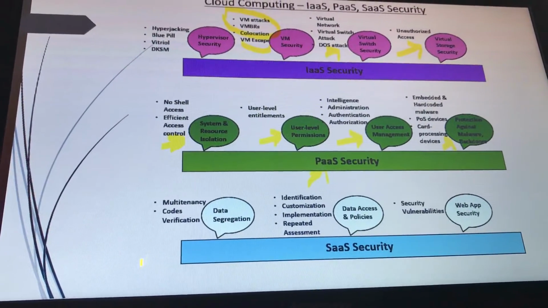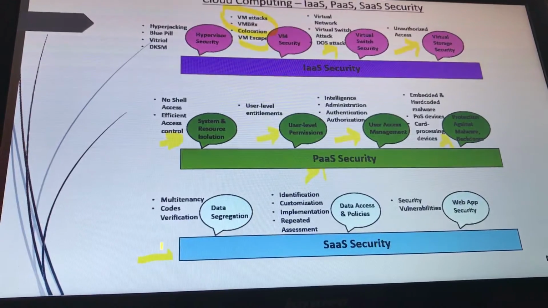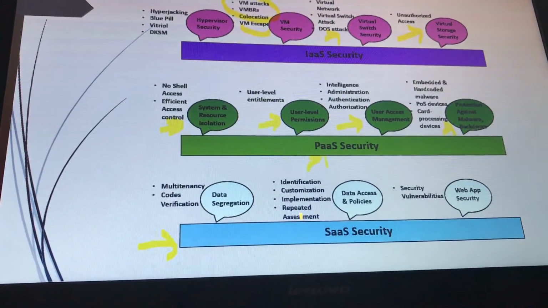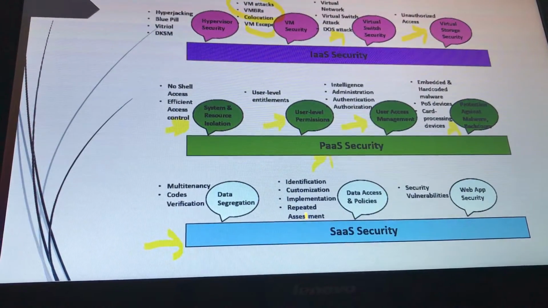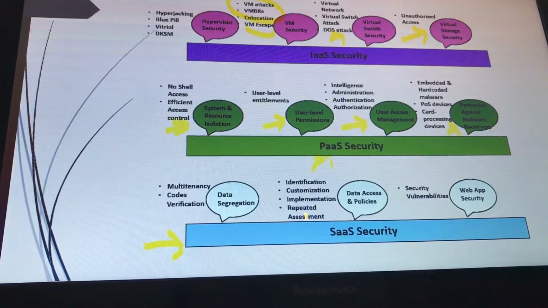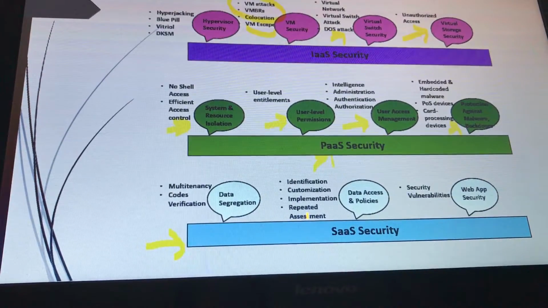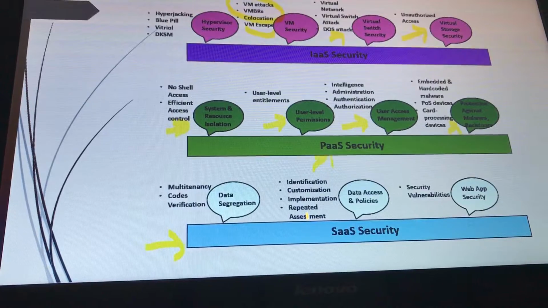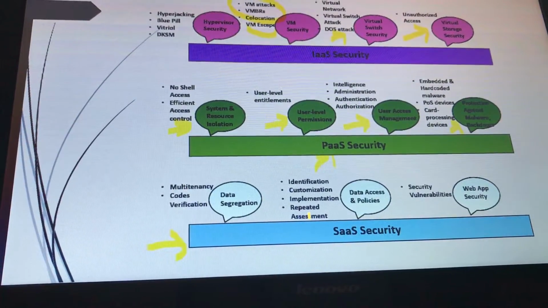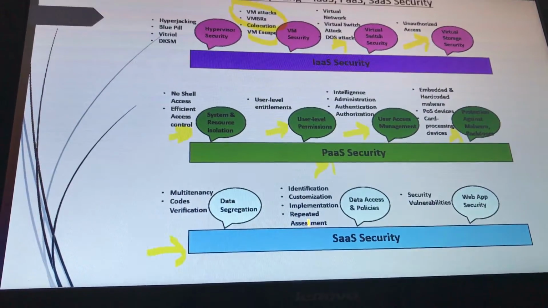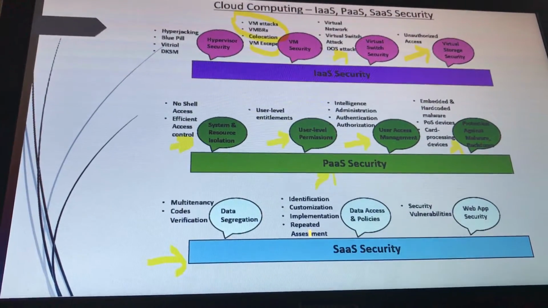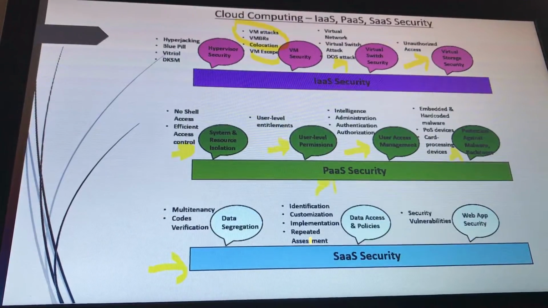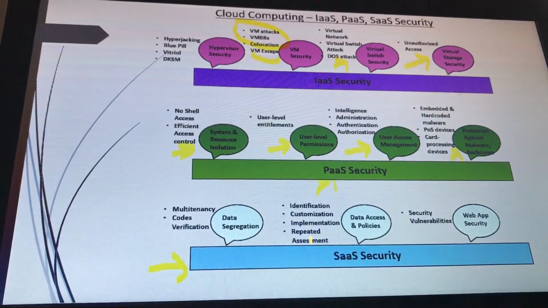Next, we move on to the third and very important model, the SaaS security model, where we have three components: data segregation, data access and policies, and web application security. Data segregation. As you are aware, multi-tenancy is a major characteristic of cloud computing, where multiple users can store their data in the same location, in the same application that SaaS provides.